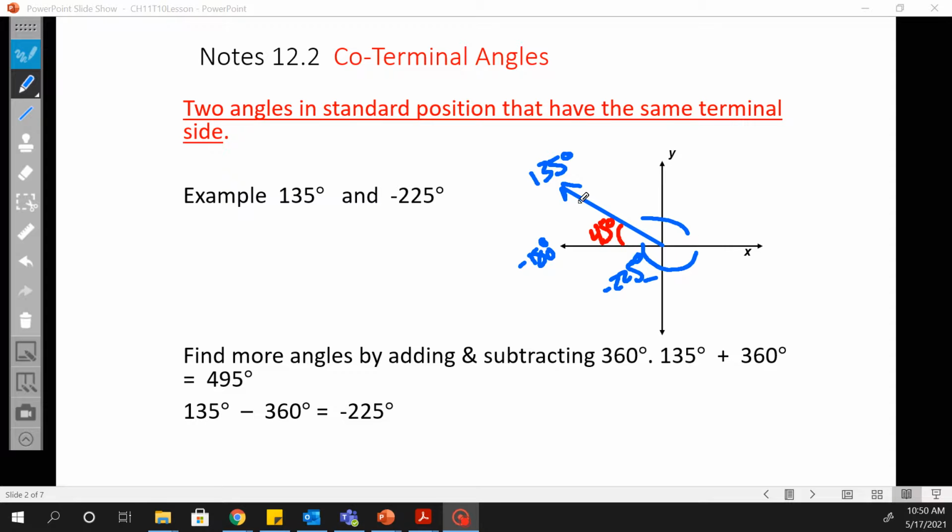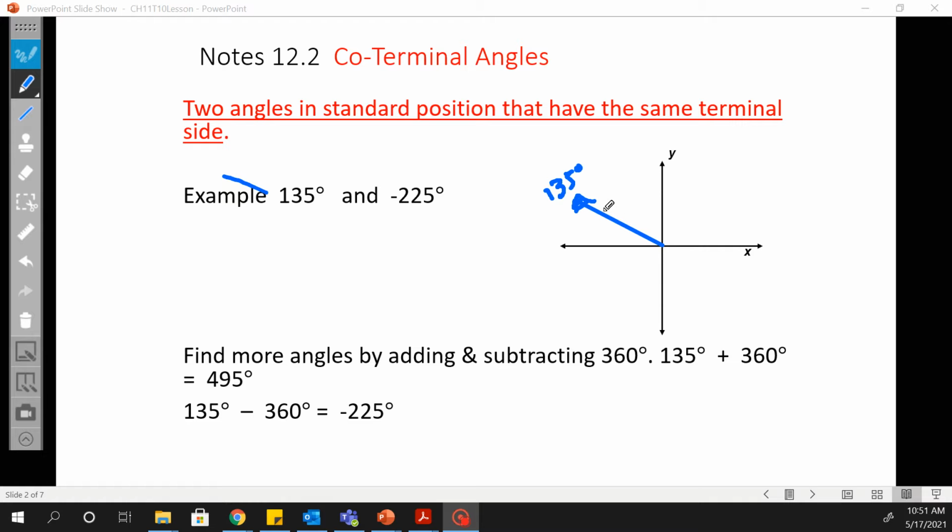And there are other ones as well. Now you can find more angles that are coterminal by adding and subtracting 360 degrees. This will give you an infinite number of coterminal angles, because if you have a coterminal angle like 135 degrees, and then you go around another complete circle, 360 degrees, then you'll get back here as well.